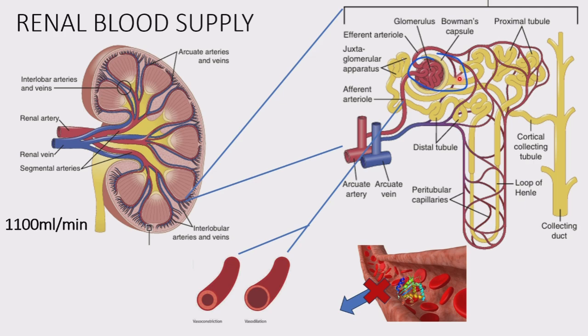Whereas the peritubular capillaries have lower hydrostatic pressure compared to its surrounding and to its tubules. What happens is instead of filtration, the fluid tends to move from your tubules to your interstitial fluid back to your capillaries. And we call that process reabsorption.